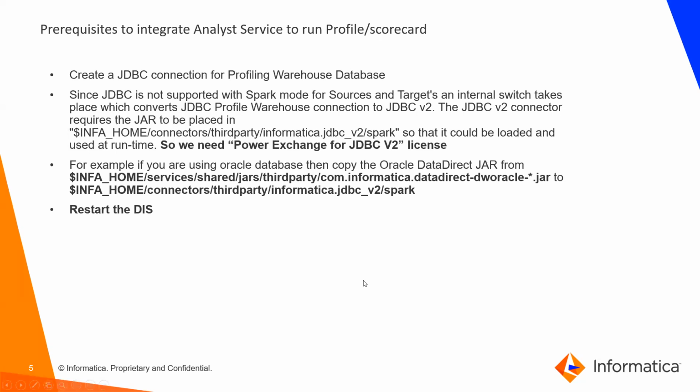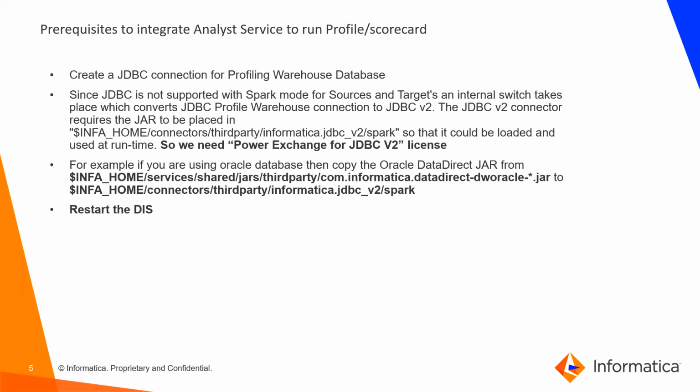Prerequisites to integrate Analyst Service to run profiles or scorecards on Hadoop-based objects. Create a JDBC connection for the profile warehouse database. Since JDBC is not supported with Spark for sources and targets, an internal switch will take place which converts the JDBC profile warehouse connection to JDBC V2. The JDBC V2 connector requires the jar to be placed in INFA_HOME/connectors/thirdparty/informatica.jdbc_v2 so that it can be loaded at runtime.